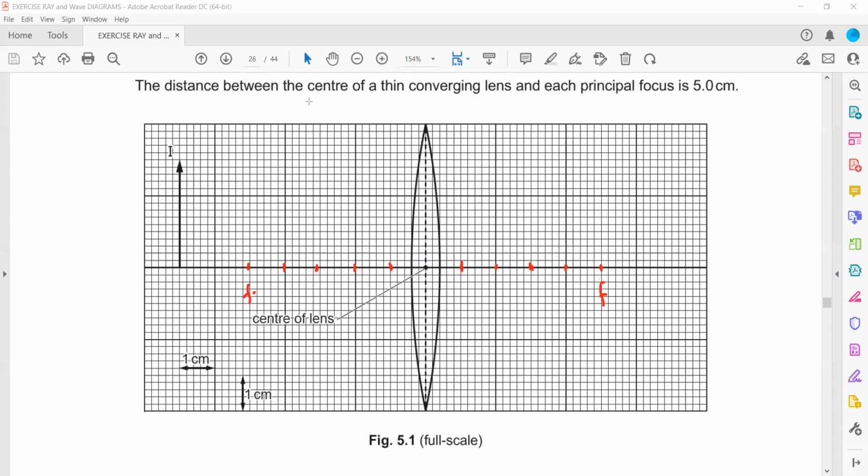We have to label and identify the one which is passing through the focus, because the one which is parallel will pass through the focus.